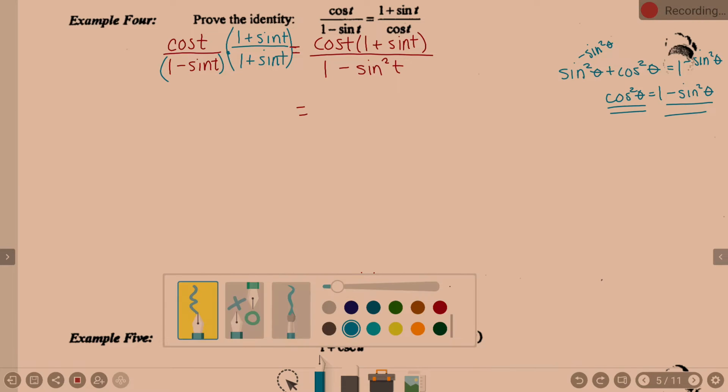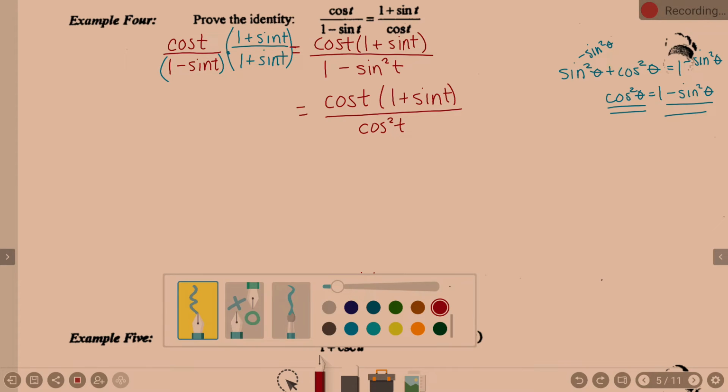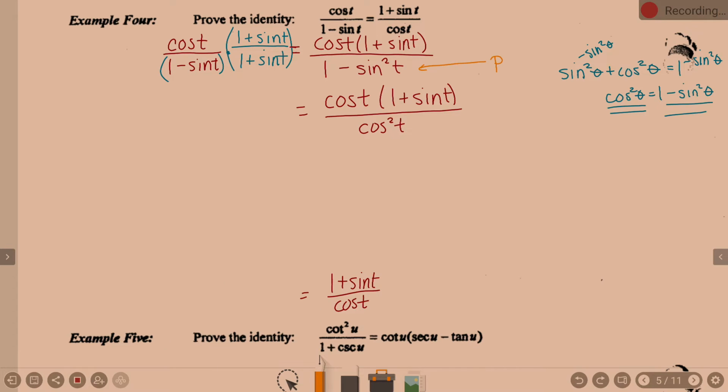Every place I see a 1 minus sine squared, it becomes cosine squared. So cosine t times 1 plus sine t stays on top. My denominator becomes cosine squared t, because we have a Pythagorean identity.